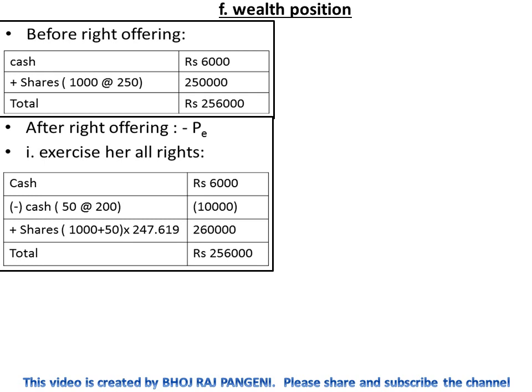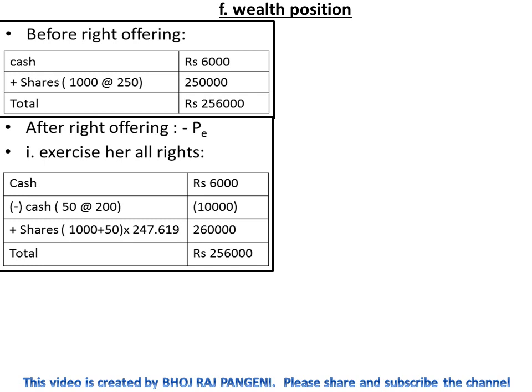If she has 20 rights she can get one new share, and she has 1,000 shares. So 1,000 divided by 20 equals 50 shares can be purchased at rupees 200.